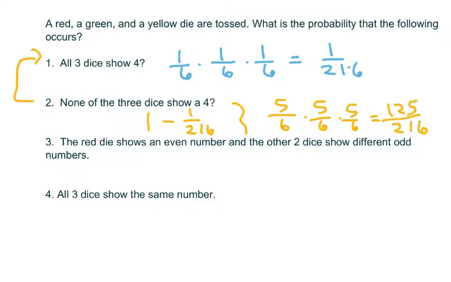So if you did it the other way, you would do 216 over 216, because that equals 1, minus 1 over 216. And that gives you the 125 over 216.